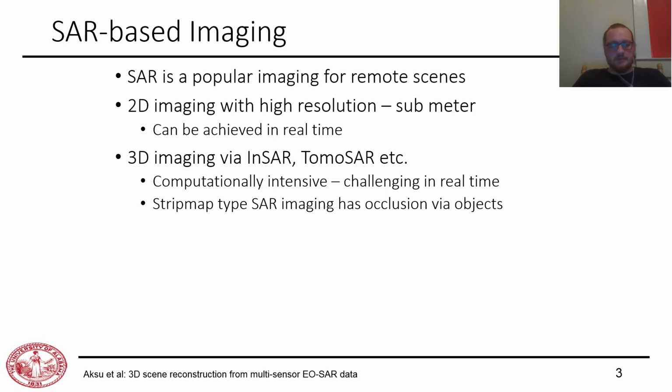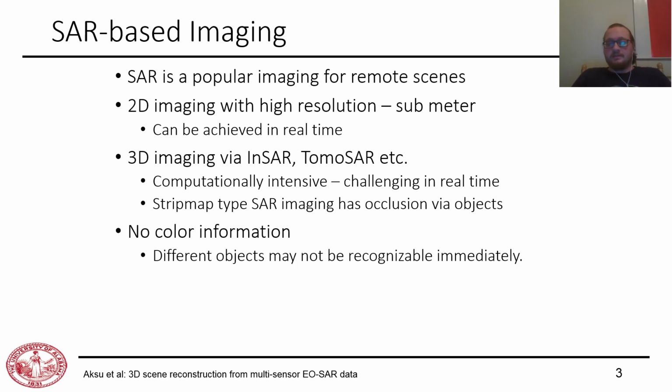Some types of it, like strip-map SAR imaging, have occlusions via objects. And one disadvantage is you don't have any color information of the scene, so you may not be able to differentiate objects when they are not immediately recognizable.